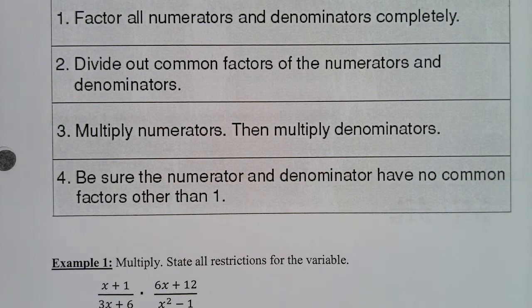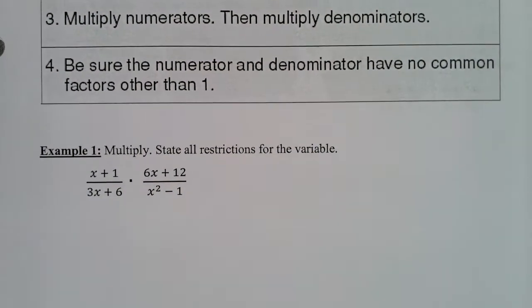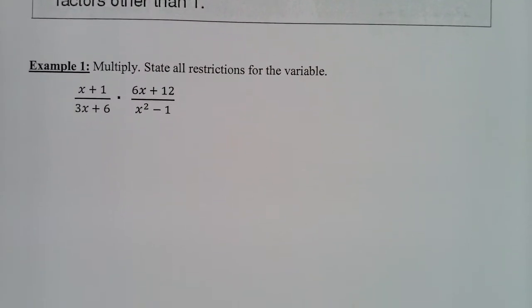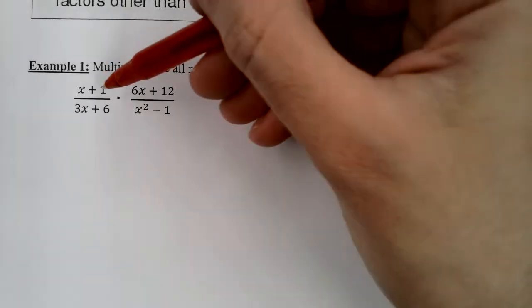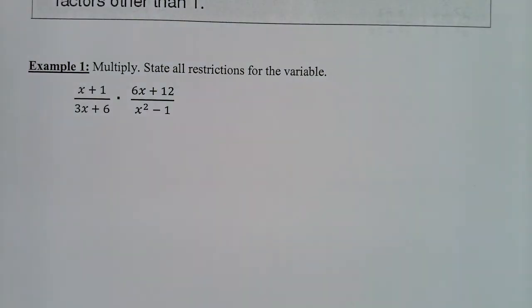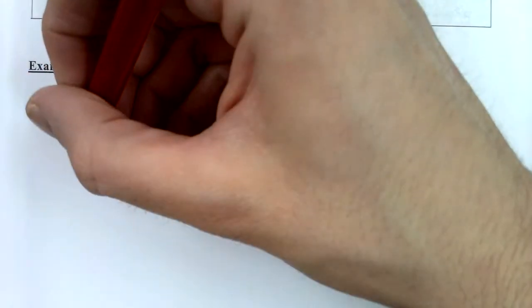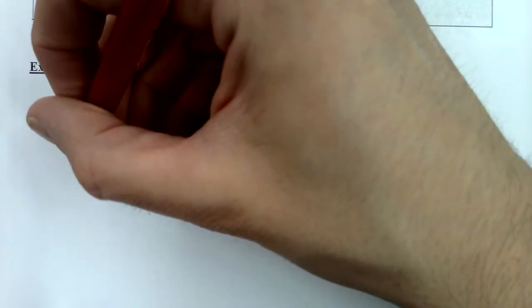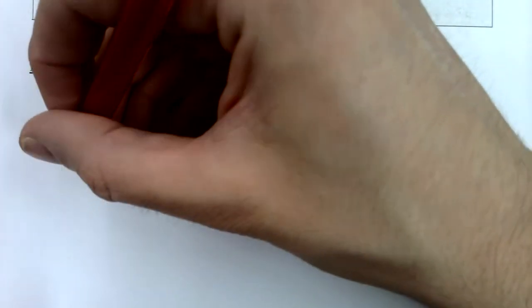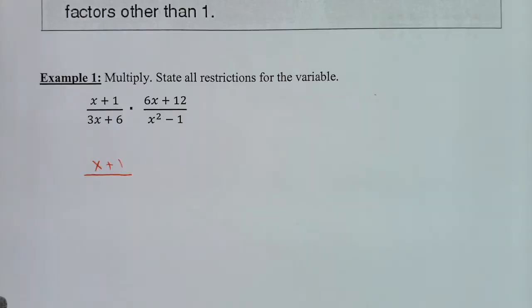So example 1, multiply, state all restrictions for the variable. So what we have to do is we have to factor. The numerator in the top left, x plus 1, you cannot factor that. I'm going to leave that as x plus 1. The denominator in the bottom left has a common factor of 3, the GCF of 3.